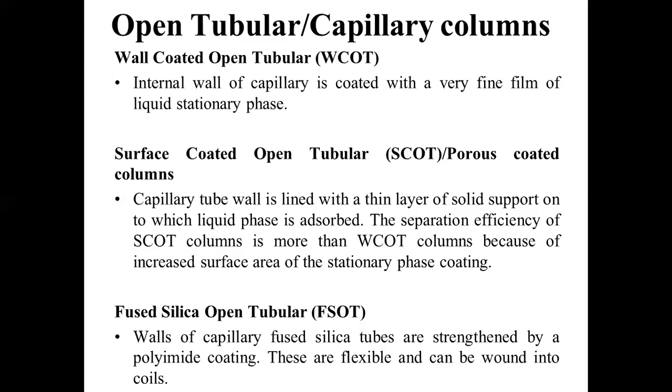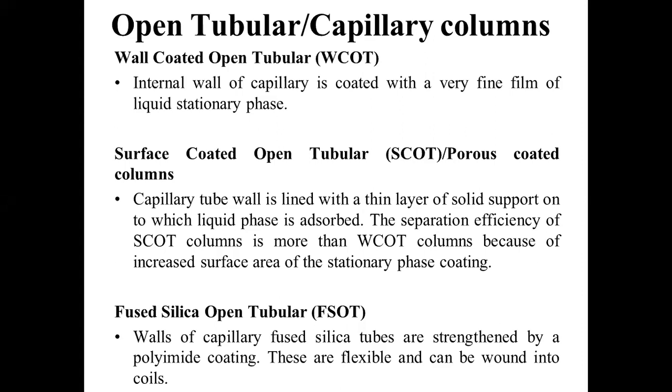You dissolve the solid stationary phase in a suitable liquid, converting it into a solution. You pass the solution through the chromatographic column, fill it, and heat the column so that the solvent evaporates and the solid stationary phase is added to the walls of the capillary column.